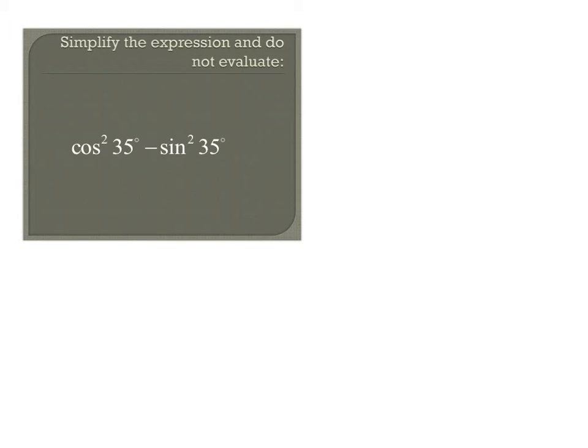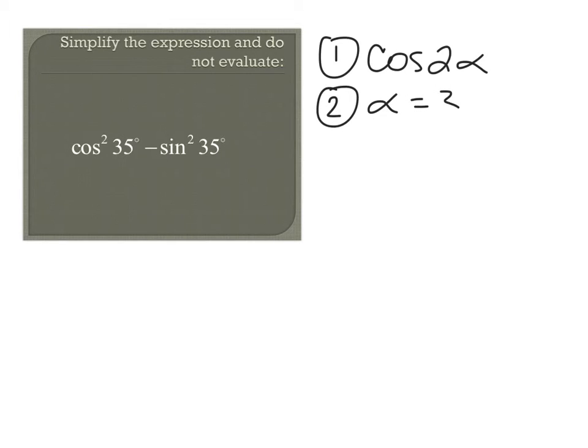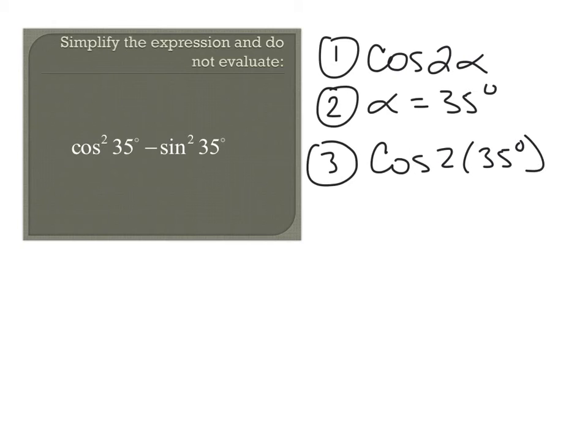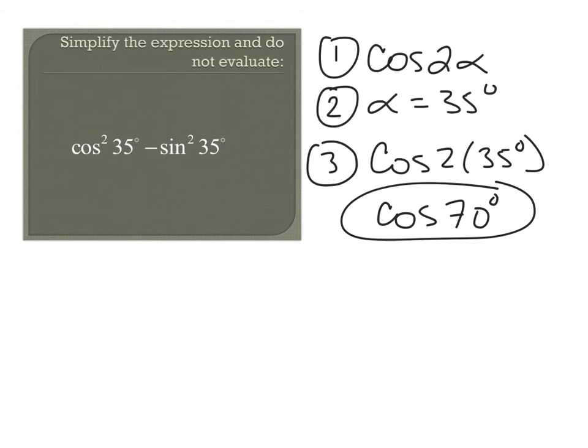What's the formula? Step 1, I recognize that it's my double angle formula. Step 2, theta is equal to 35 degrees. Step 3, I take that 35 degrees and plug it in, and so my solution is 2 times 35, 70 degrees. That's it. It's not a nice angle measurement.